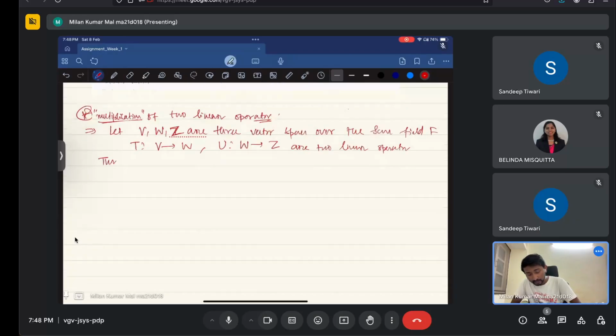Then U dot T, from V to Z, defined by (U dot T)(x) equals U of T(x), will also be a linear operator.